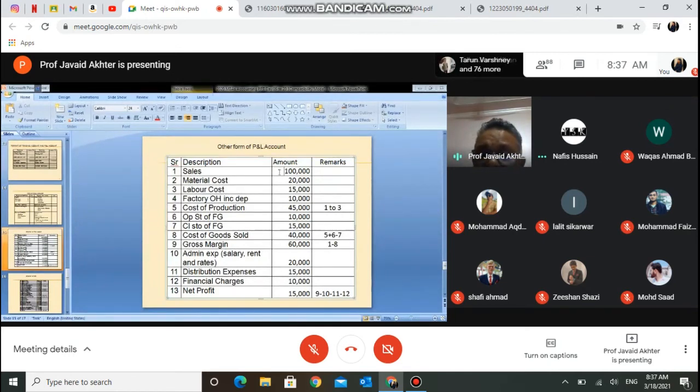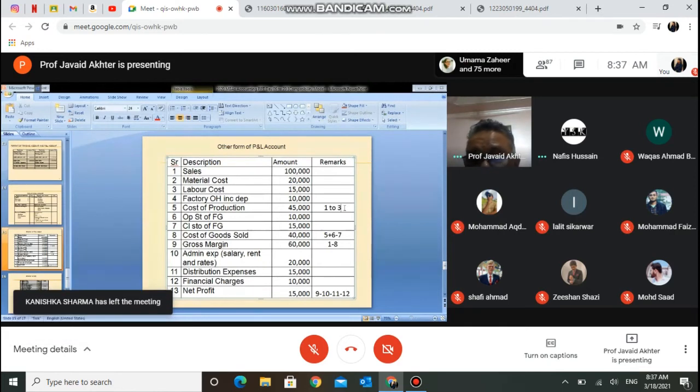You write the sales figure, then you have material cost, labor cost, and factory overhead expenses. So your cost of production total becomes 2, 3, and 4, that is material cost, labor cost, and factory overheads.